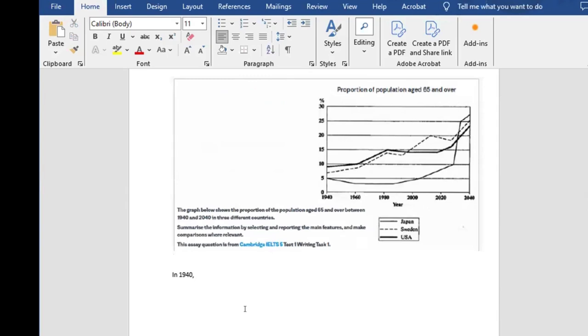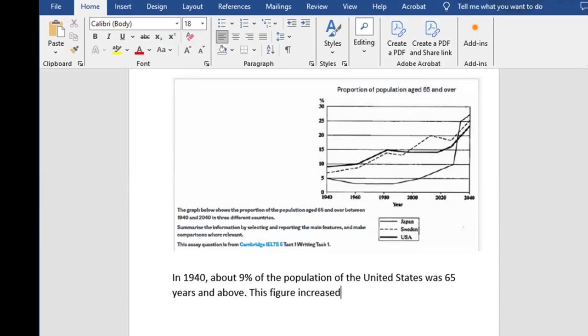So in 1940, about 9% of the population of the United States was what? Was 65 years and above. This figure increased slightly to what? 10% in 1960 and further to what? 15% in what? 1980.